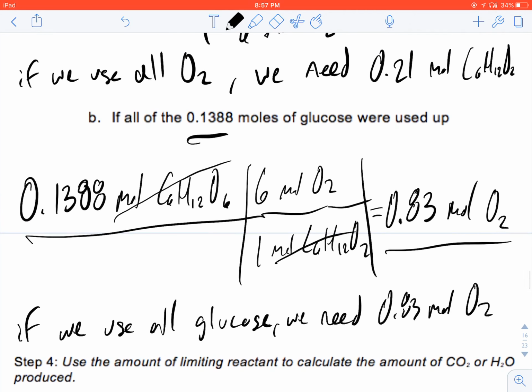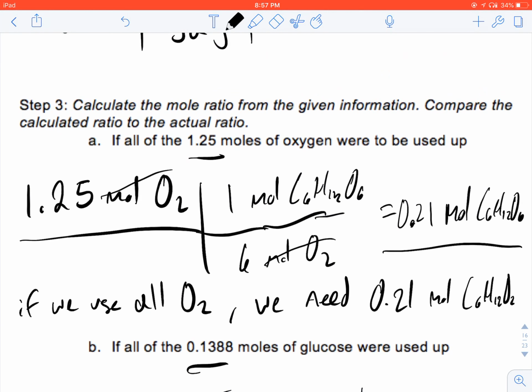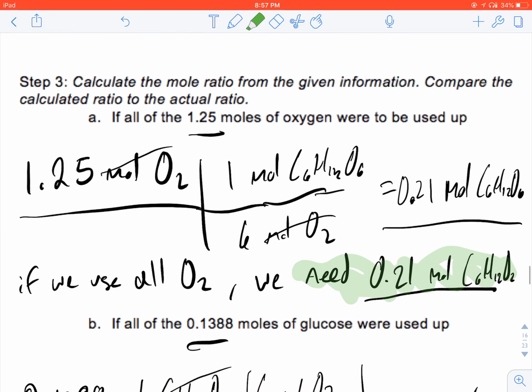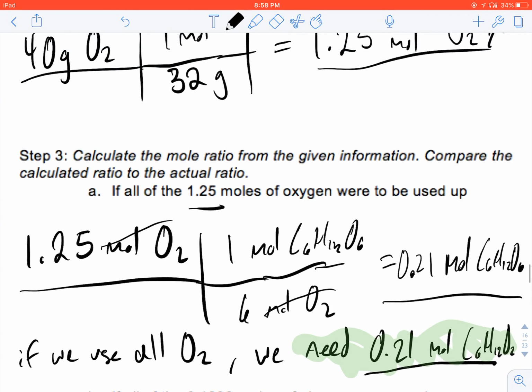Okay, so looking at this first statement here, we need 0.21 moles of glucose.